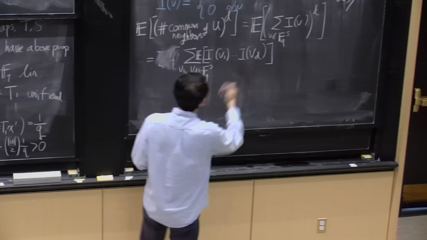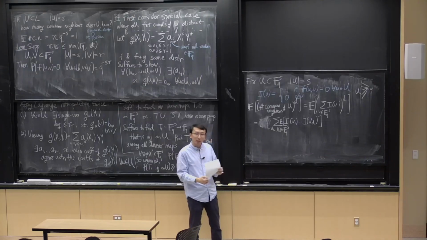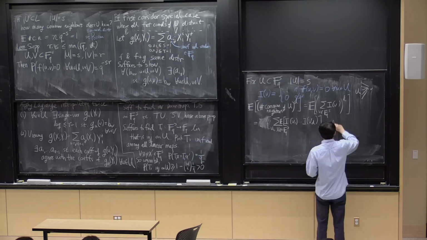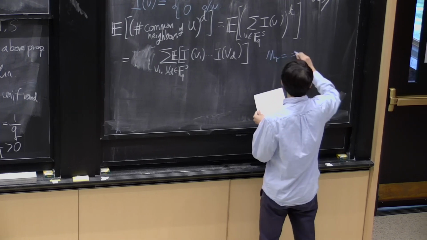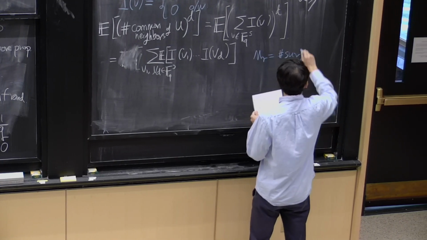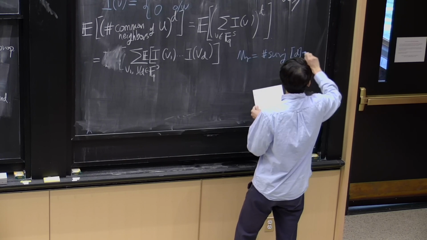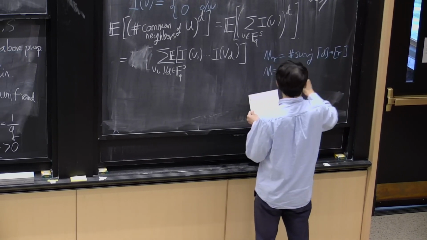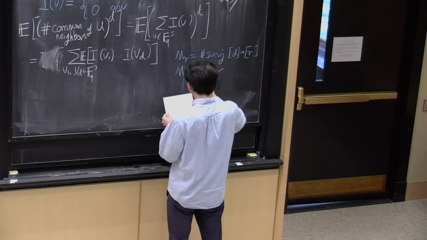But the v's might not be distinct, so we need to be a little bit careful, though that's not too hard to handle. Let me write m sub r to be the number of surjective functions from a d-element set to an r-element set, and m to be the sum of these m sub r's for r up to d.